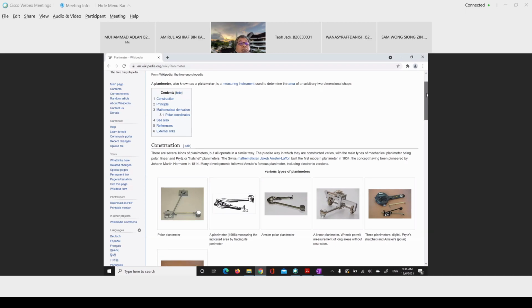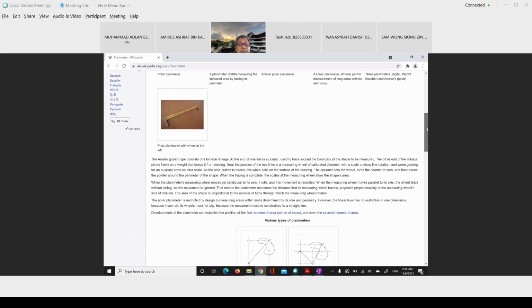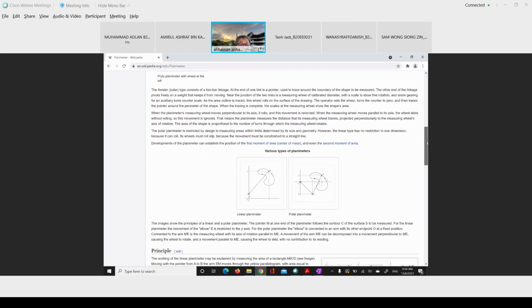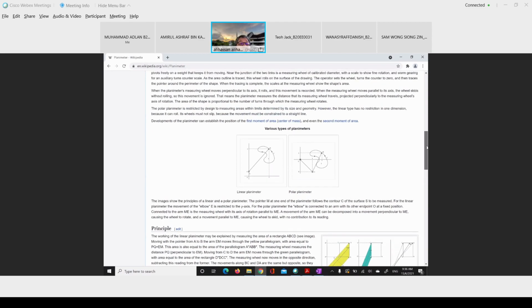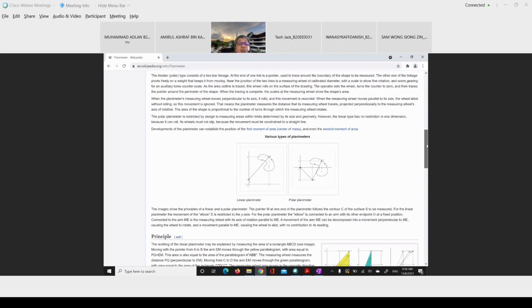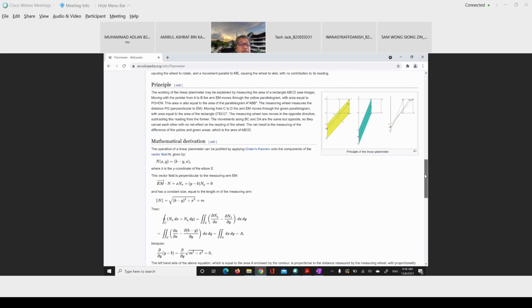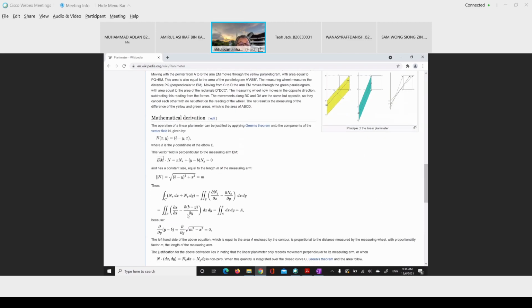This is from Wikipedia. The idea behind it is Green's theorem, and here is the mathematical derivation.